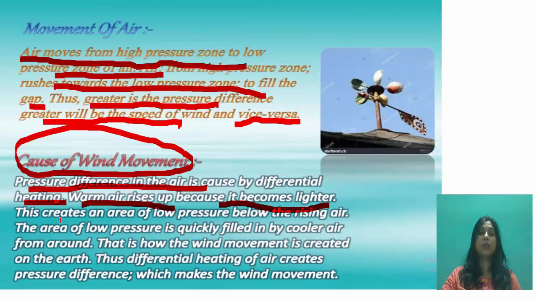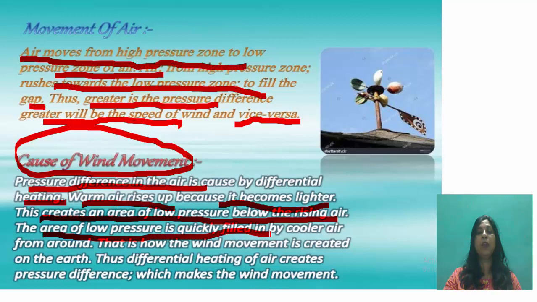Now when this warm air rises up, this creates an area of low pressure below the rising air. The air is rising up, it means a vacuum is created, so pressure becomes low. The area of low pressure is quickly filled in by the cooler air from the surrounding. Suppose here is a low pressure area and the surrounding area is with high pressure of air.